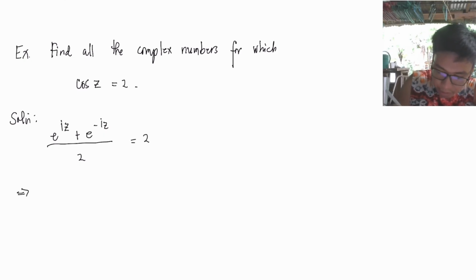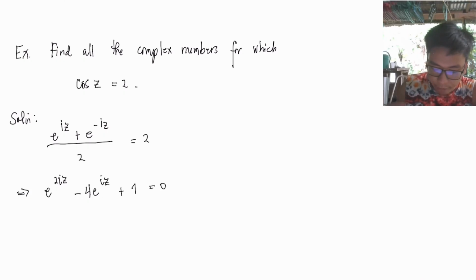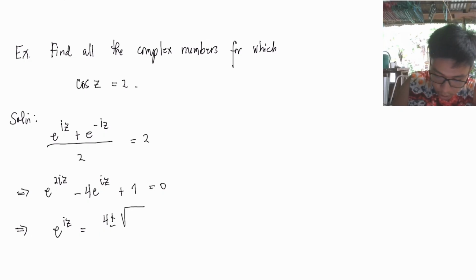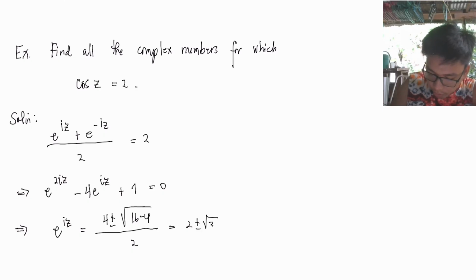If I simplify that, I would end up having e to the 2iz minus 4 e to the iz plus 1 equals 0. So we have a quadratic in e to the iz. Solving for e to the iz, I would have 4 plus or minus square root of 16 minus 4, over 2, and that's equal to 2 plus or minus square root of 3.